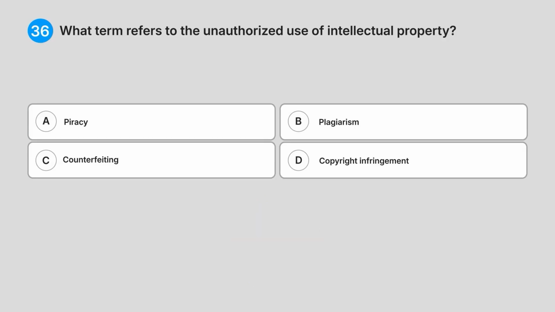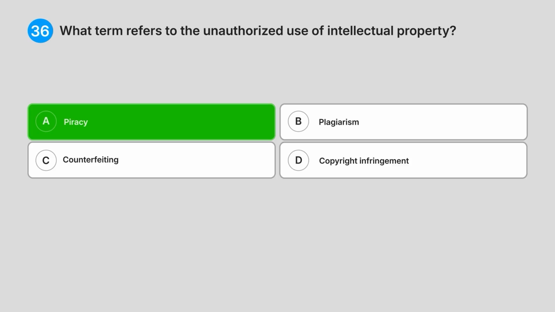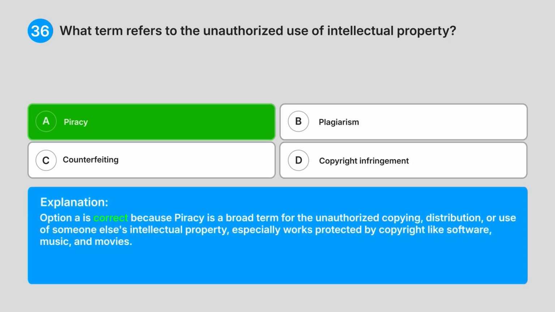Correct answer, A. Piracy. Explanation. Option A is correct because piracy is a broad term for the unauthorized copying, distribution, or use of someone else's intellectual property, especially works protected by copyright like software, music, and movies.